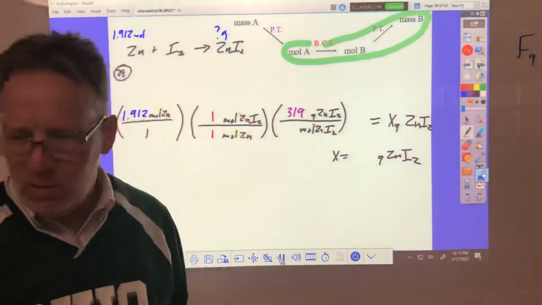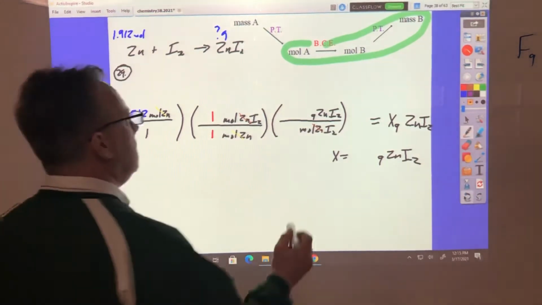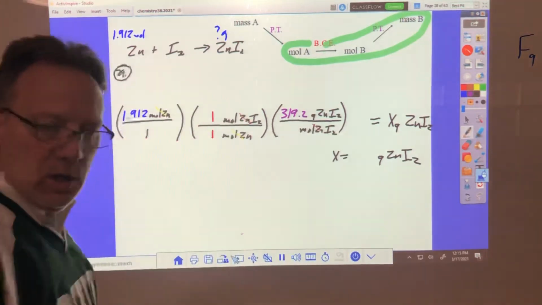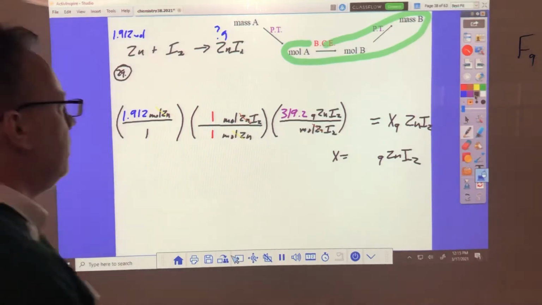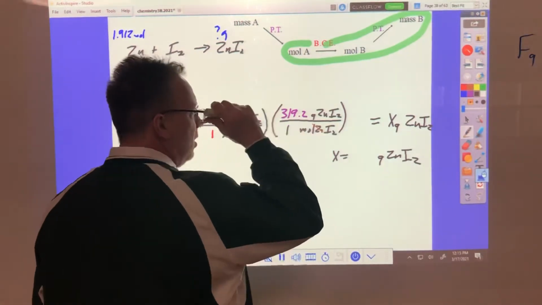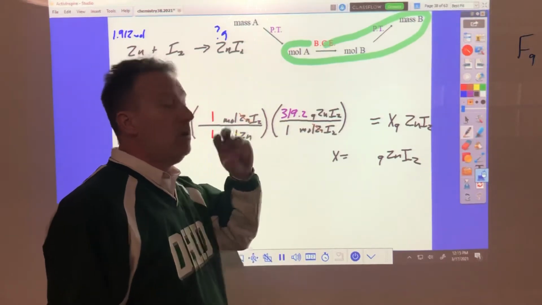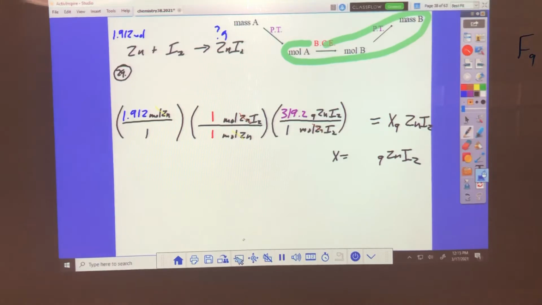Okay, I didn't do my rounding right, so I'll go ahead and do that. 319.2 is 1 mole of zinc iodide. Now remember, zinc is in the transition metals, but you don't say zinc 2 iodide because zinc is always 2 positive. We talked about why earlier in the year.